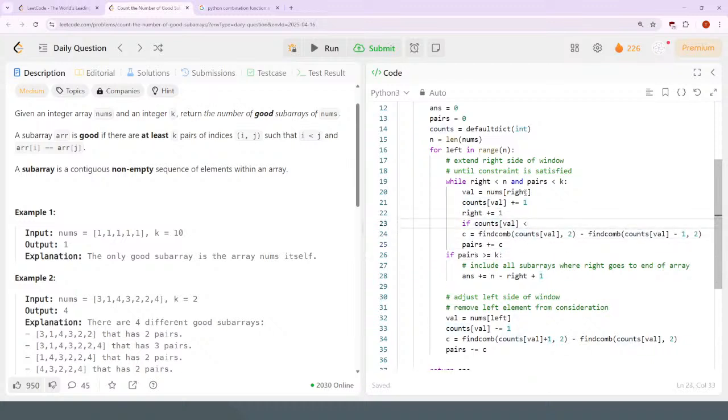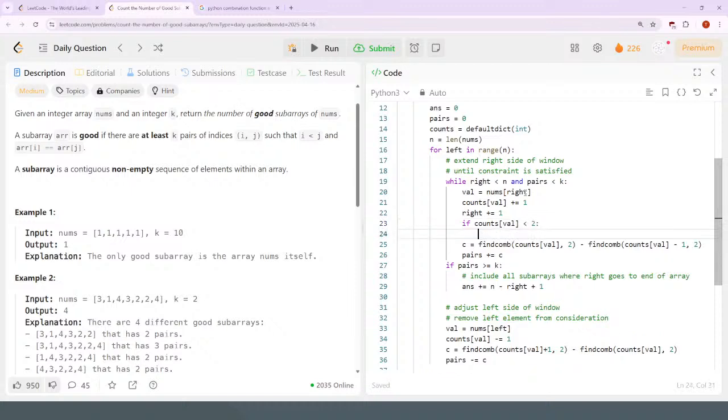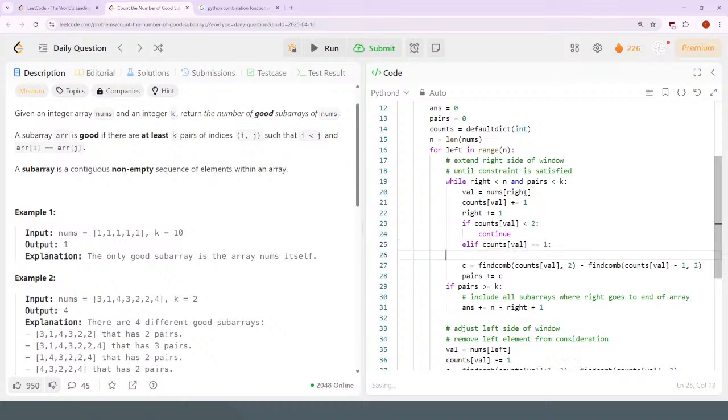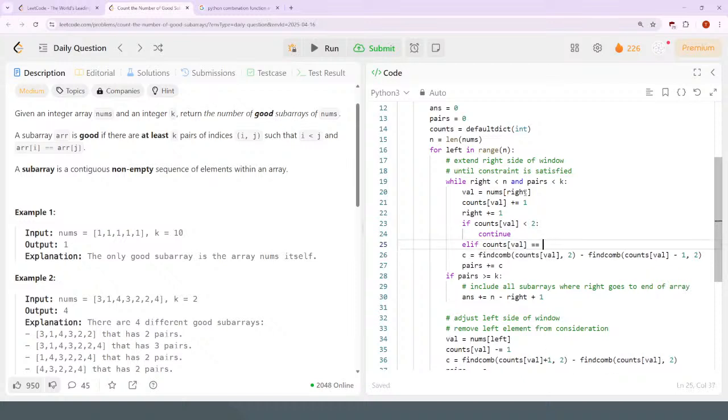If the count of this value is less than 1, well, let's say if it was less than 2, then you need to skip it. Else, if it's equal to 1, then, well, less than 2 is just equal to 1. If the count of the value is 1, then just keep on going.